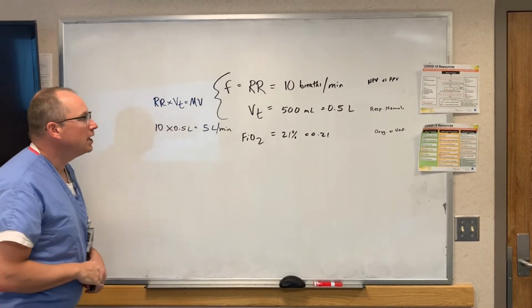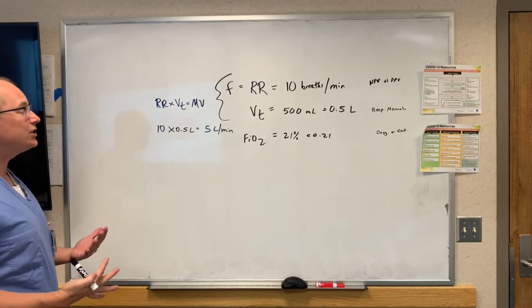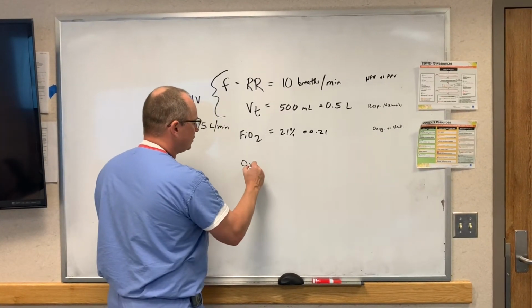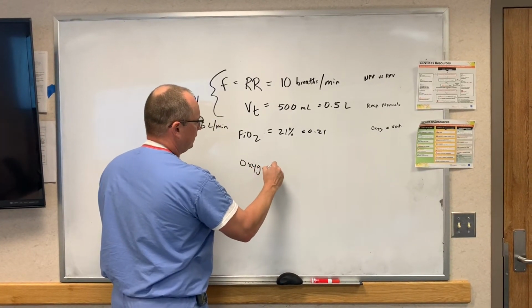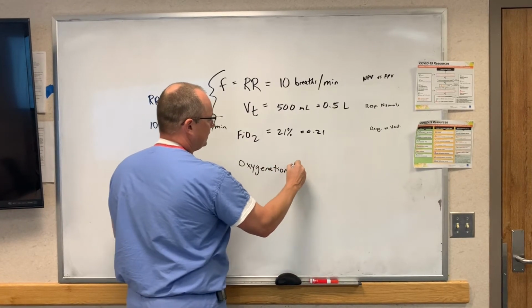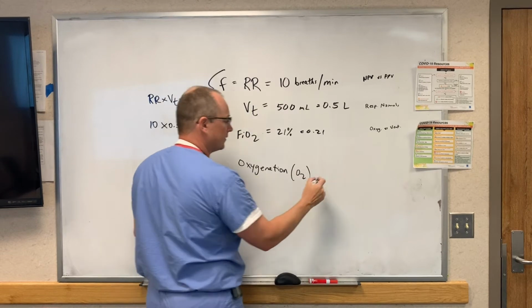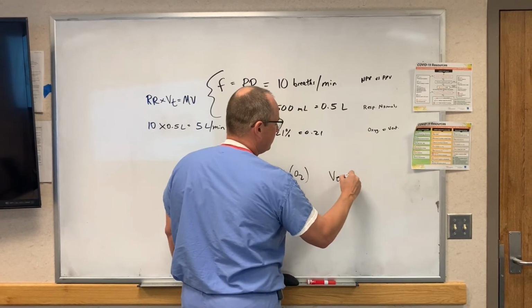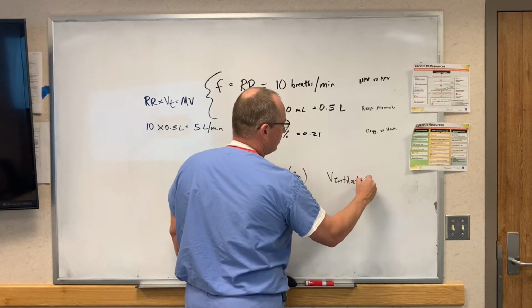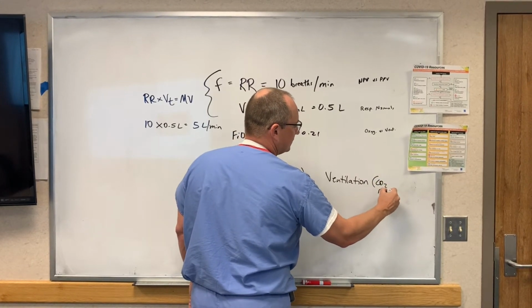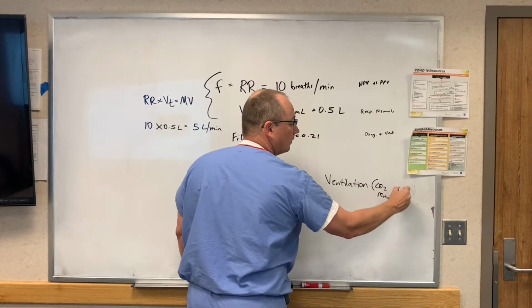So the two major priorities for the lungs, right, is oxygenation over here, and that's dealing with getting oxygen to the tissues so that it can be the terminal electron acceptor. And over here, we got ventilation. We're getting rid of carbon dioxide. So I'll say carbon dioxide removal.